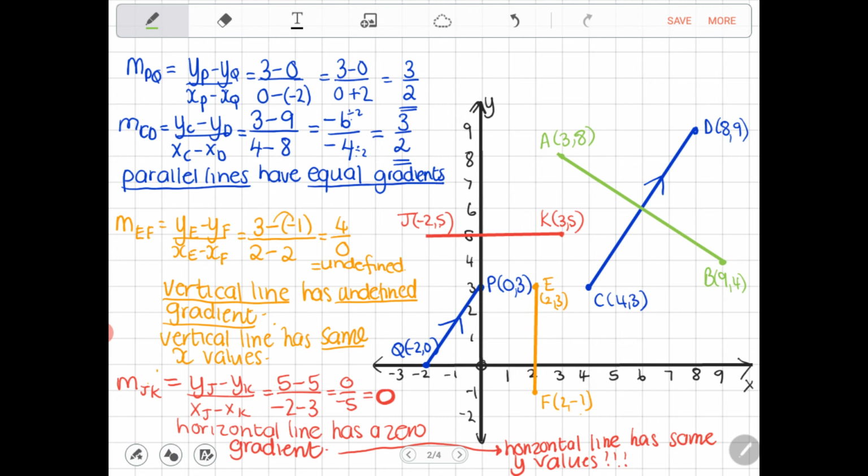Now if we look at CD and AB, can you see that they look like they could be at 90 degrees to each other? We can check that by checking our two gradients. These two lines are actually perpendicular.